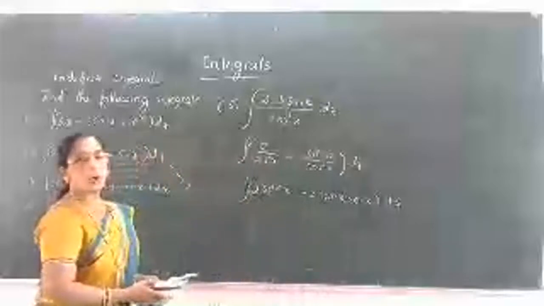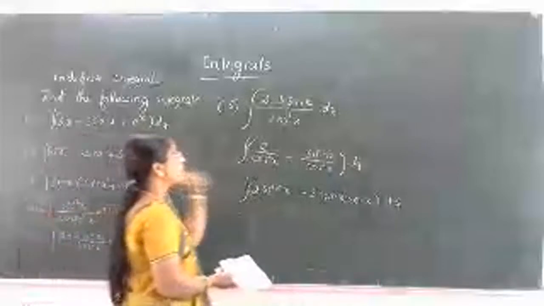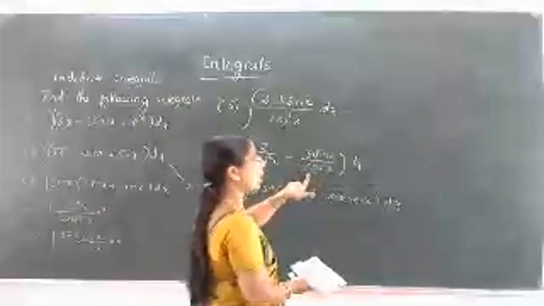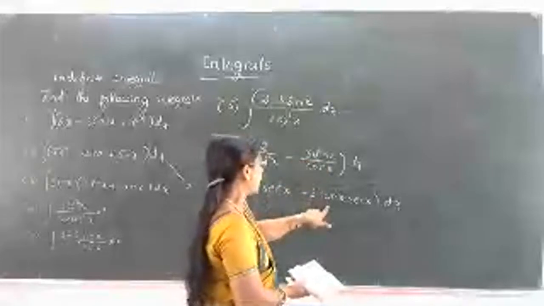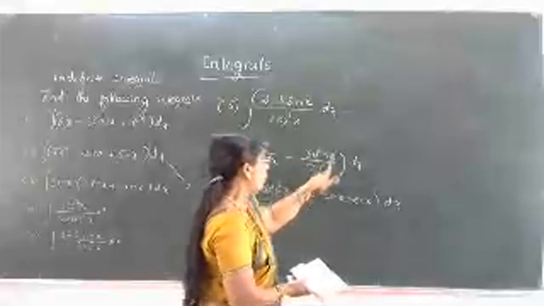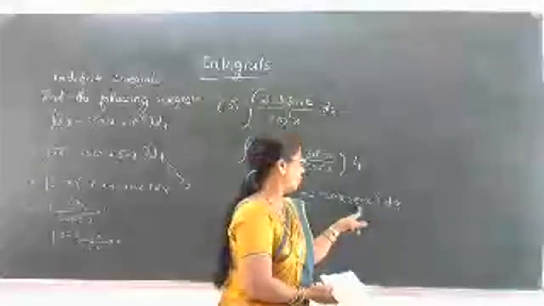1 by cos square x is secant square x, then minus 3 sin x divided by cos square x. Here sin by cos is tan x, then again 1 by cos x is there, it's equal to secant x.